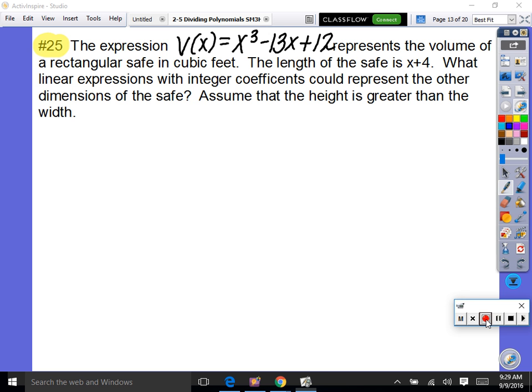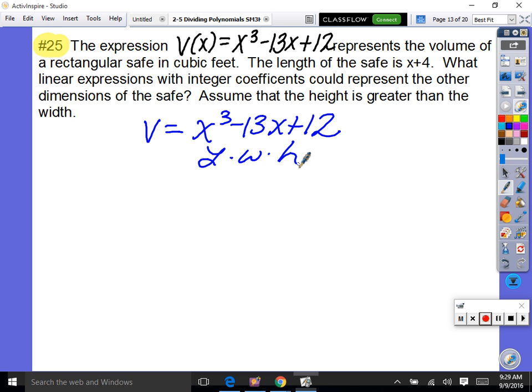So volume is equal to x cubed minus 13x plus 12. Don't we know that that's a length times a width times a height? We know that's what volume is. It told us the length is x plus 4, and so we need to know what the width and height are.